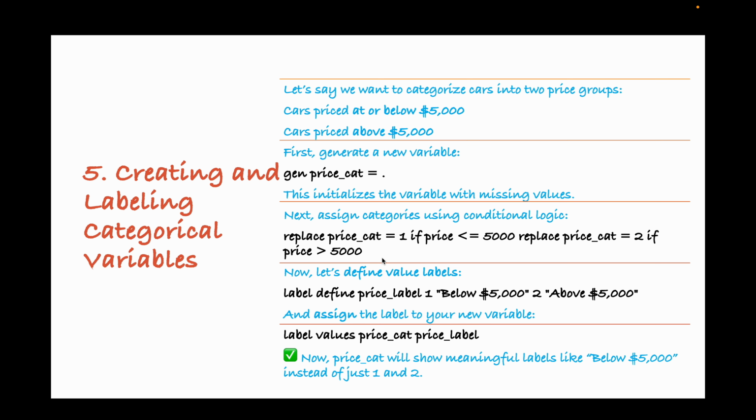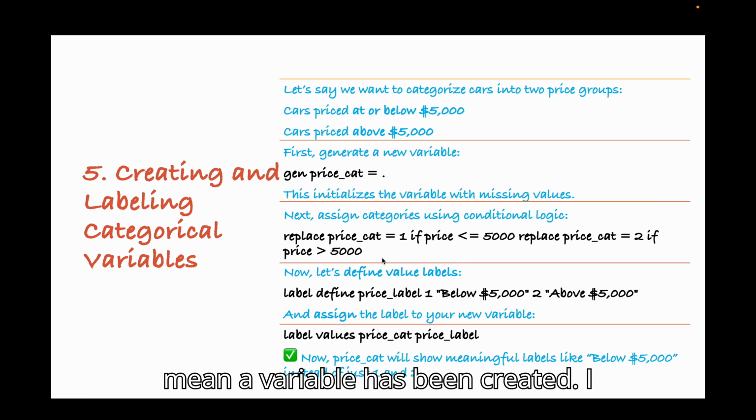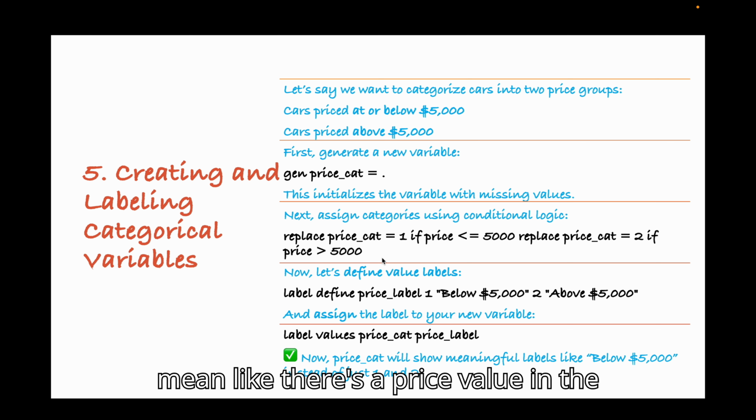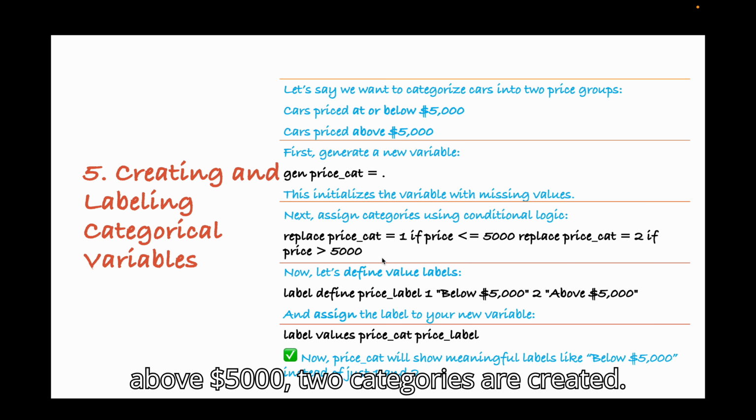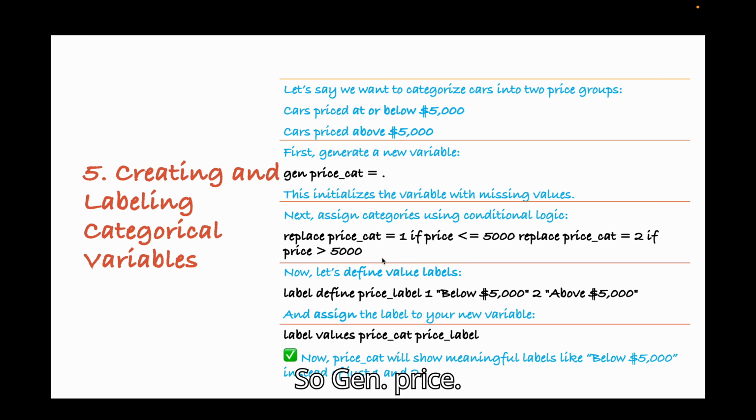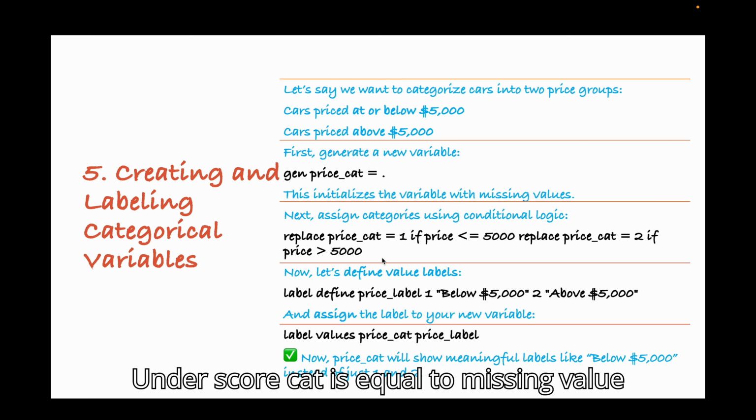In this example, a variable has been created. There is a price value in the auto data, and based on the value of car price, whether it is below $5,000 or above $5,000, two categories are created. So gen price_cat equals missing value.